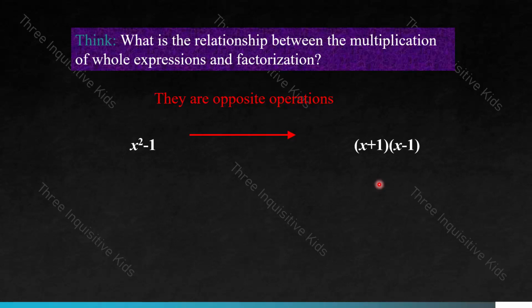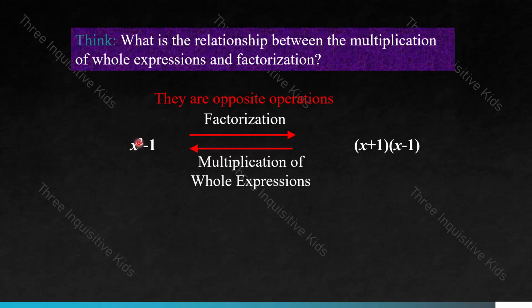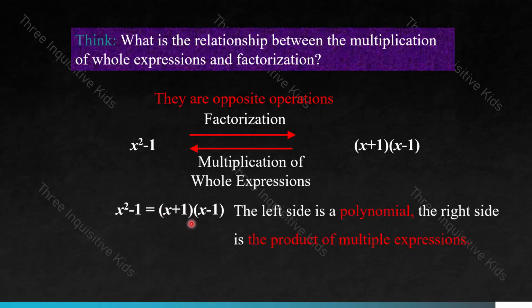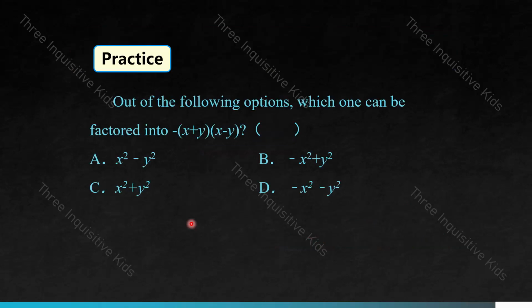So from this form to this form, we do factorization. But the other way to get from factored form to this form, we do multiplication of whole expressions. So x squared minus 1 is equal to x plus 1 times x minus 1. The left side is a polynomial. The right side is the product of multiple expressions.